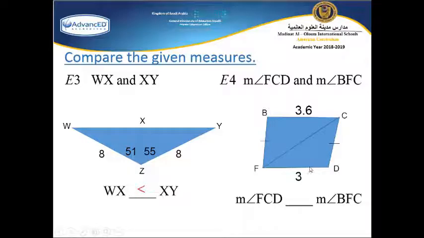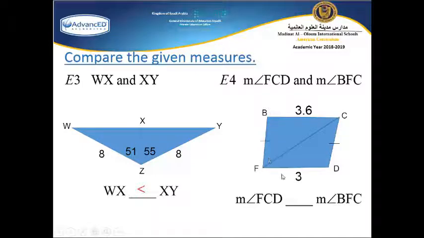Now, looking at the next question, this one. Here, the side BF is congruent to side CD in the other triangle, and the side CF is common, so there are two sides of the first triangle congruent to two sides of the second triangle. The third side 3 is opposite to angle FCD, and the side 3.6 is opposite to the angle BFC.